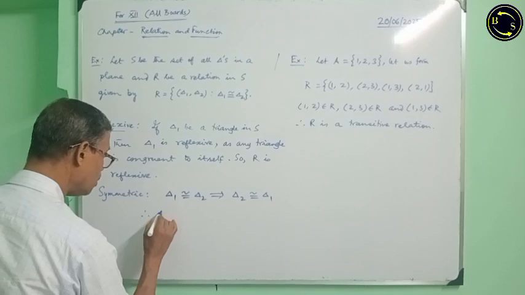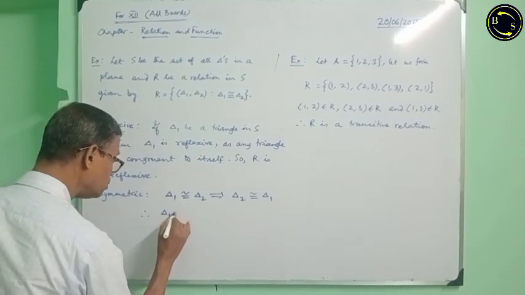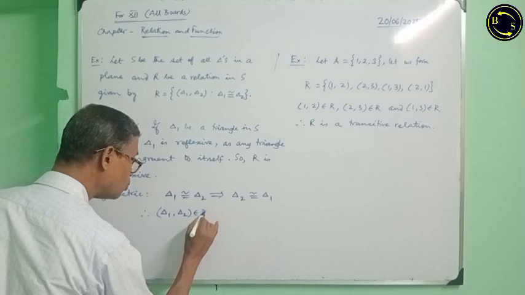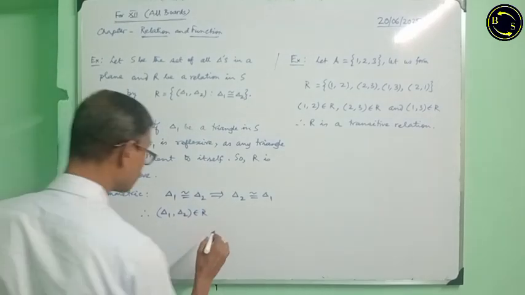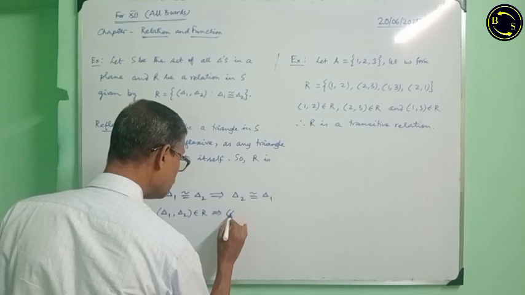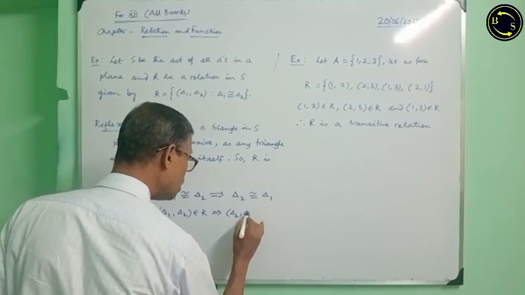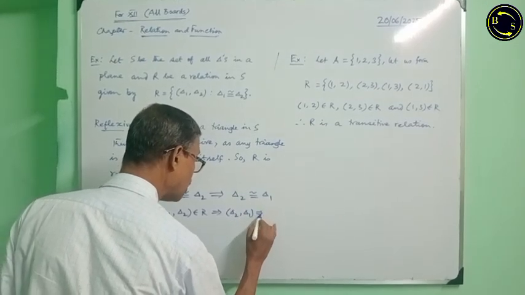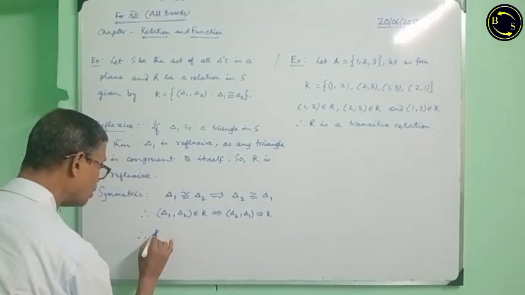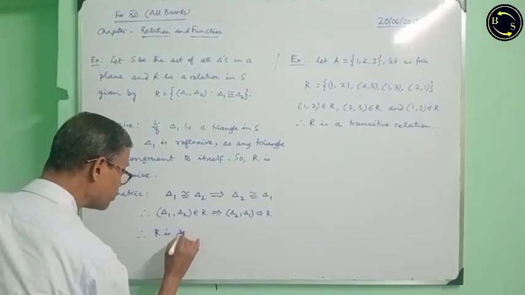Therefore, (delta 1, delta 2) belongs to R implies (delta 2, delta 1) belongs to R. Therefore, R is symmetric.